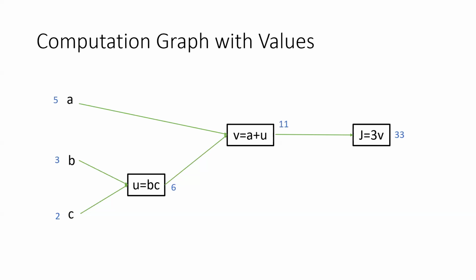That is what we have to do in this computation graph. Once you learn about this computation graph, you will understand how backpropagation happens in a real neural network.